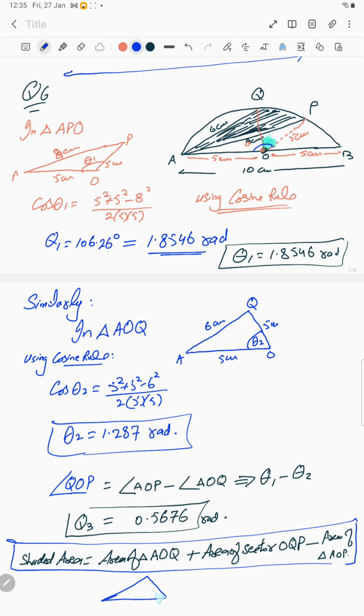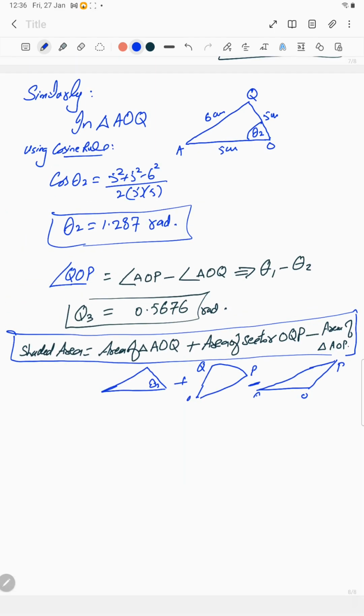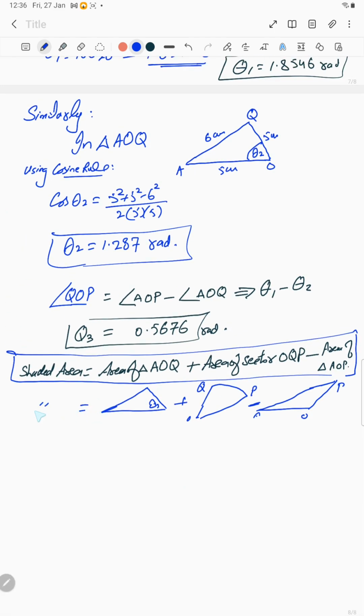First with theta 2 plus sector of OQP, like this sector OQP minus this triangle AOP. You will see this will give you the shaded part.